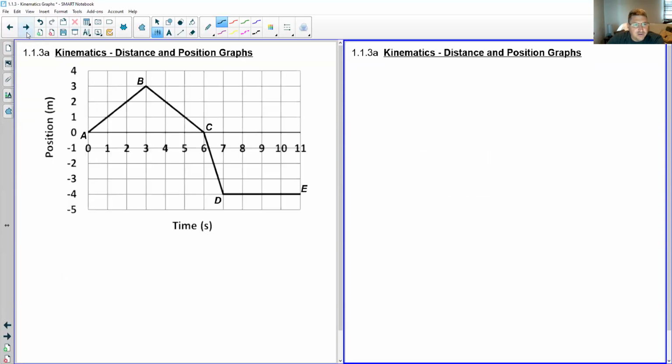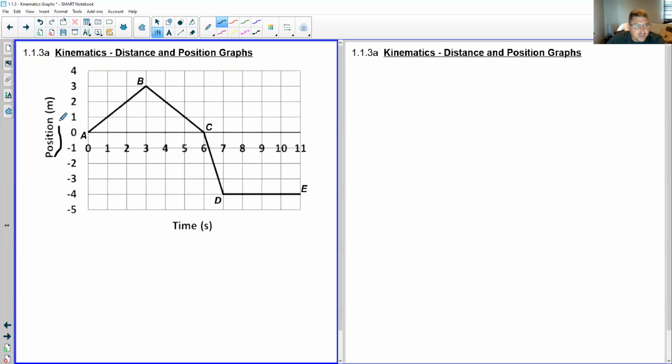Now, let's contrast this with a graph of position. Notice I'm using position and not displacement, right? Position is a little more precise a way to define what these graphs are really showing. A displacement graph would probably only be useful if we were always assuming that our initial position is 0.